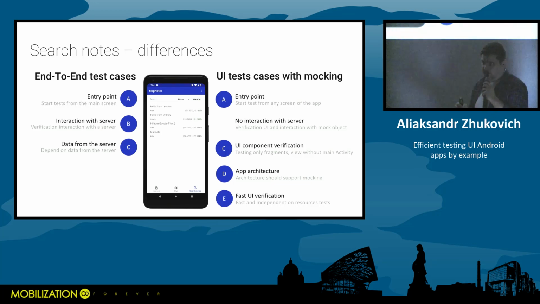And a UI test with mocking requires a more or less good architecture. Because if you have poor architecture, it will be pretty complicated or even impossible to test it.